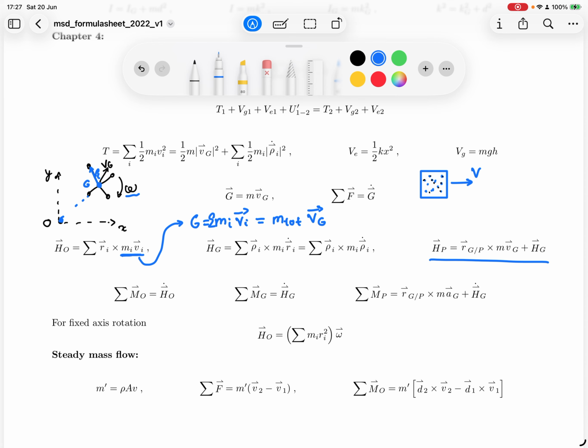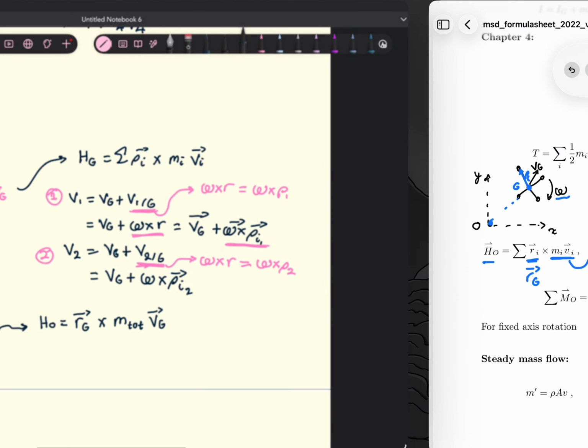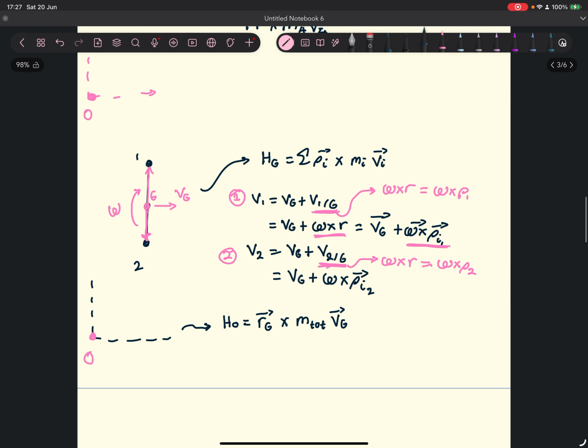So this gives us an easier route to calculate HO. We could either do the sum of each and every particle, which would take time, or we could just look at the velocity of the center of mass and use the total mass to calculate that. And then the R that we would use in this case, if we use the center of mass, would be RG, which is the unit vector to the center of mass.